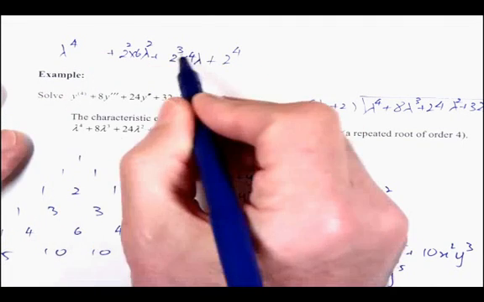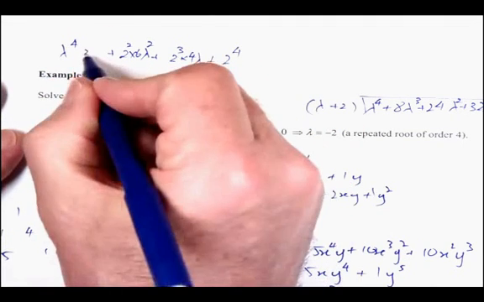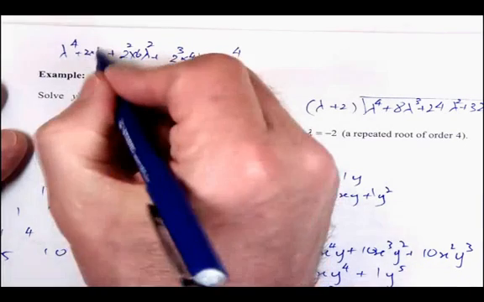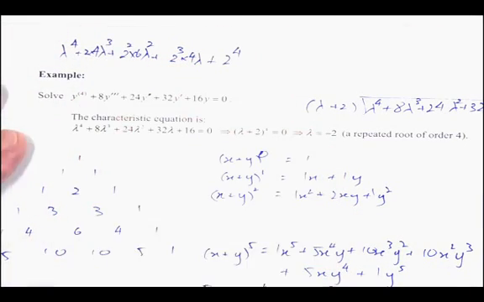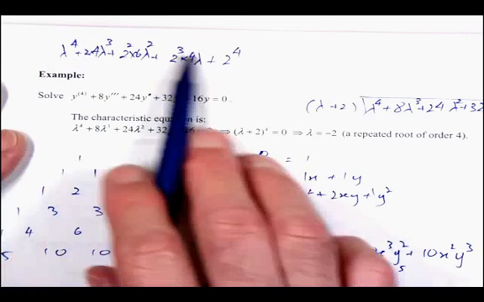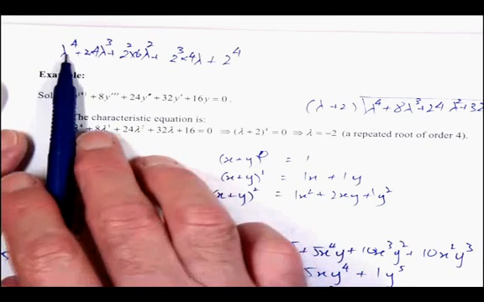And then 4, 3, 2, 1. So there'd be a 2 times 4 lambda cubed. So now we see we've got powers of lambda going 4, 3, 2, 1, 0. Powers of 2 going 0, 1, 2, 3, 4.